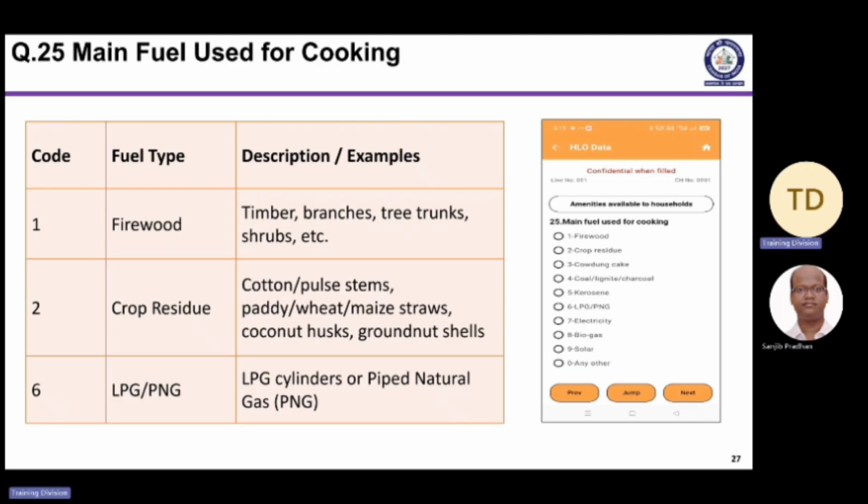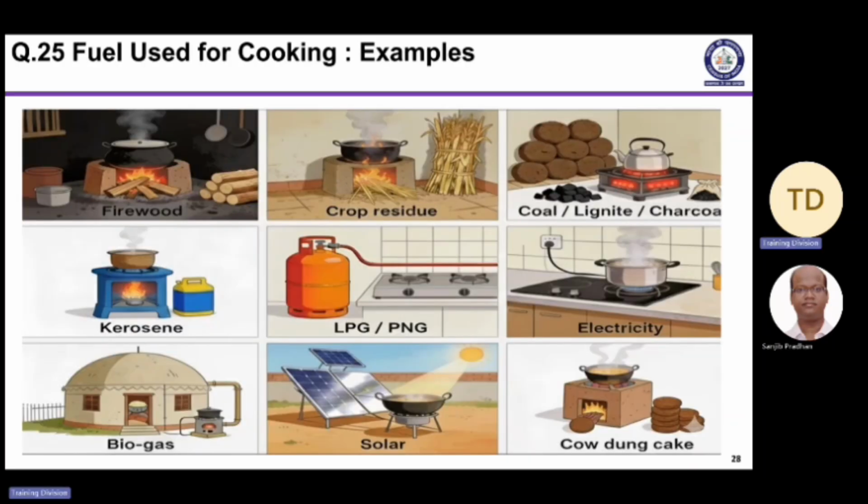Like that, you can take local examples and explain to the enumerator. LPG, and PNG is piped natural gas. All others are self-explanatory: firewood, crop residue, coal, lignite or charcoal, kerosene, LPG, PNG, electricity, biogas, solar, and cow dung cake.